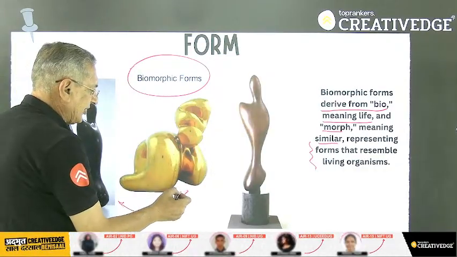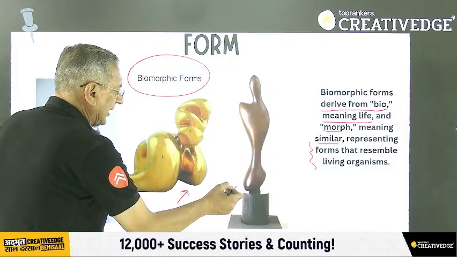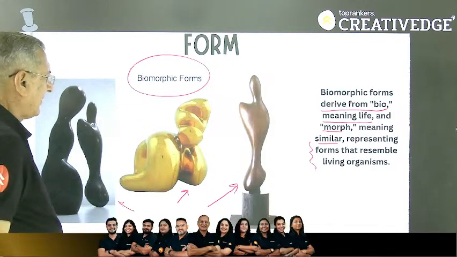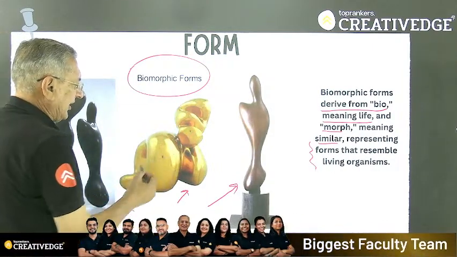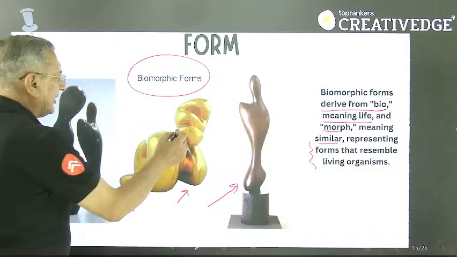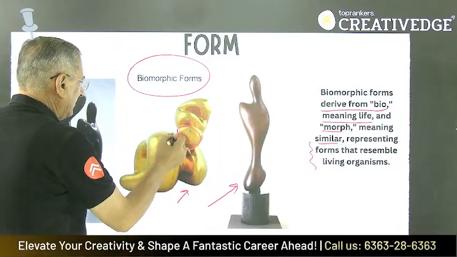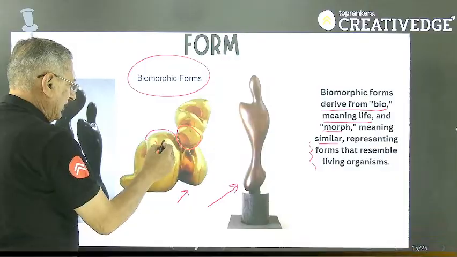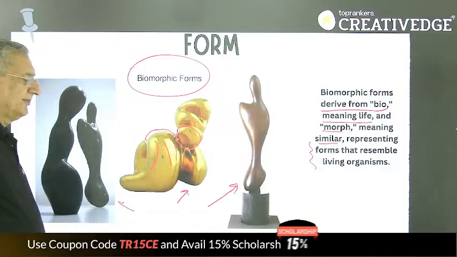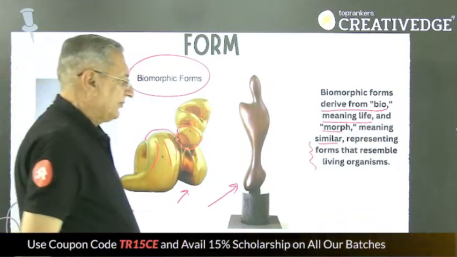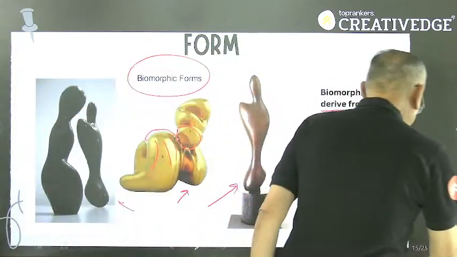These three sculptures have one topic, mother and child. Some may ask me where the mother and child are. In this one, it looks more like a tortoise. See here the head of the child, the body of the child is here with legs and hands here. So, biomorphic form.